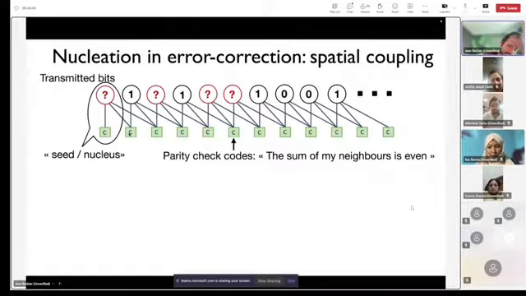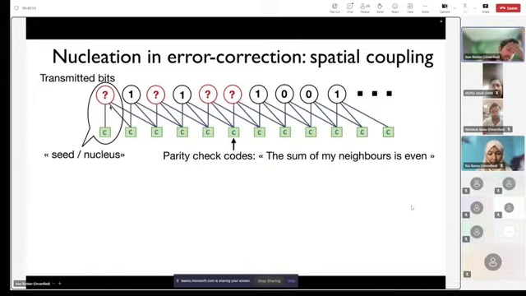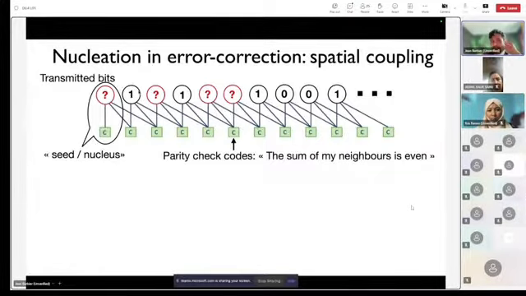You can represent this as a factor graph where the factors are connected to the nodes representing the bits to transmit. And if a factor is connected to some nodes, it must be that the sum of these nodes is an even number. So it allows to spread the information, to couple, to correlate these bits.